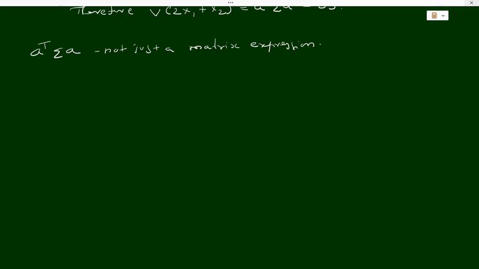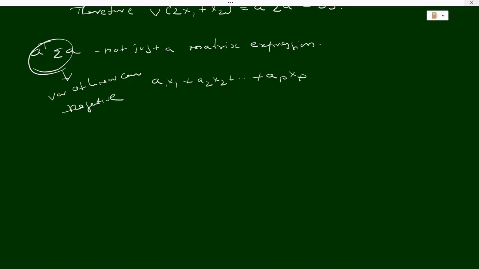It is the variance of a linear combination, that is a1 x1 plus a2 x2 and so on up to ap xp. We have seen earlier that variance cannot be negative. So therefore A transpose sigma A will be greater than or equal to 0.